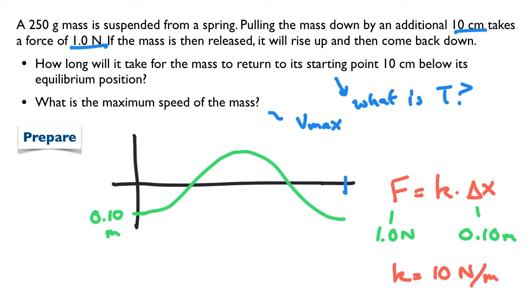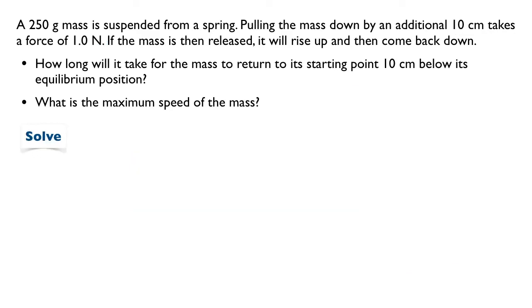which we're ready to do right now. Now to solve, we're going to say this. How long will it take the mass to return to its starting point? Remember, we said that's just the period. And the period for the mass on a spring is equal to 2 pi times the square root of m over k. And we know what those values are.